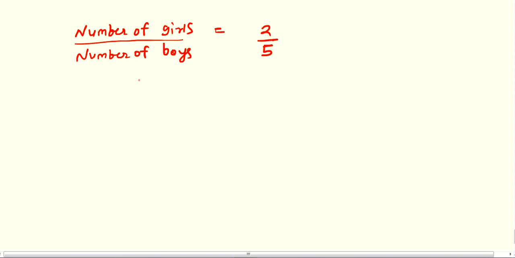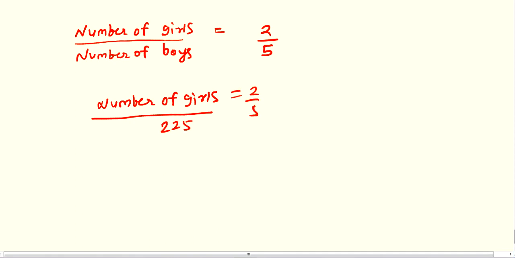If the number of boys is given, the number of girls we have to find, which is our first question. So how many boys? 225 equals 2 by 5. Now transpose this value to the right hand side.